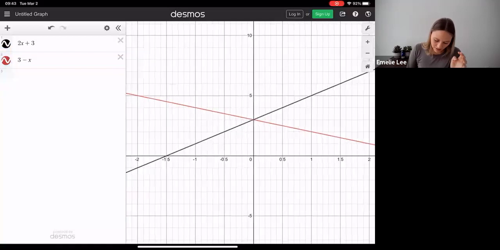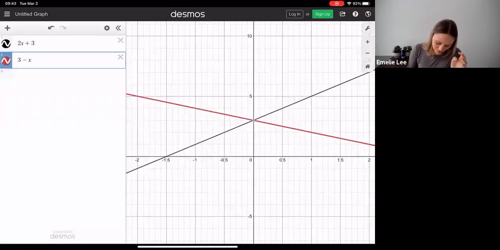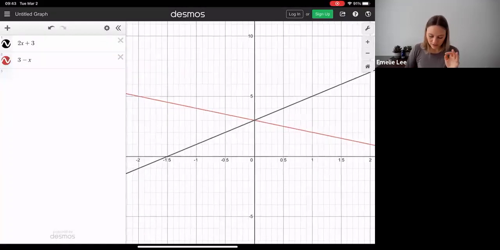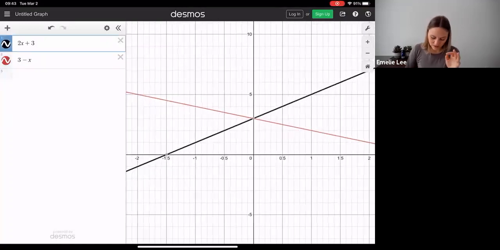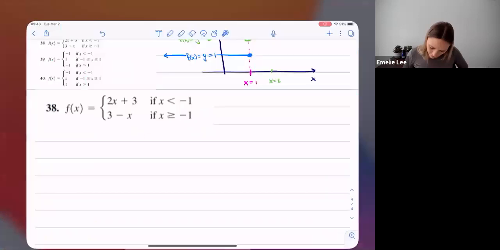And then at negative 1, including negative 1, it's going to behave like this line. So after negative 1 on this black line, we just ignore it because for our function, those don't happen. It switches to behave like the other function.